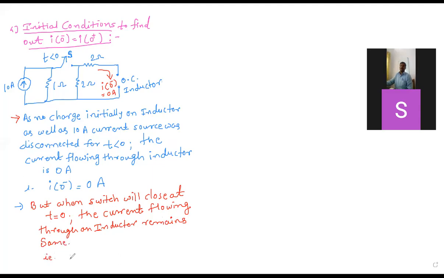That is, I of 0 plus is equal to I of 0 minus, remains the same, equal to 0 ampere. Okay. So the current flowing through the inductor remains 0 ampere for some time, even though the switch is closed. And after some time, a constant current will flow. According to the circuit, the new current will flow through the inductor.